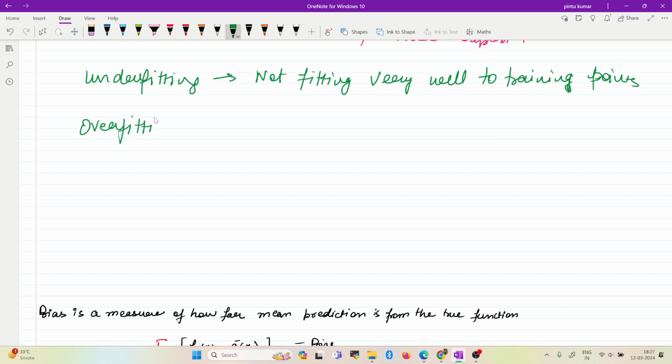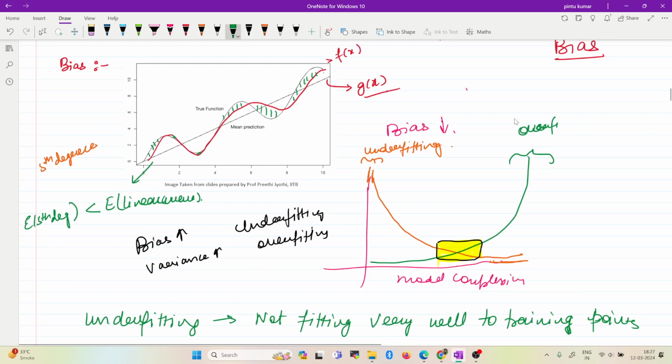In overfitting, you have a very small loss on training points. Because you have a very small loss on training points, you do not do that great on the test points, because you have fitted a lot to the training points.